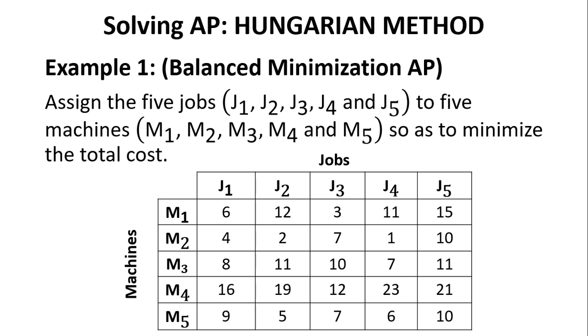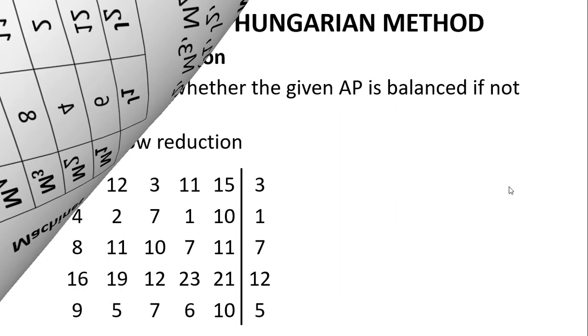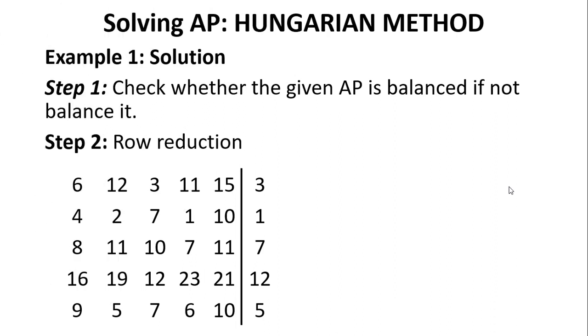Okay, so we have this table representing the machines and the jobs, and inside here are the associated costs of assigning these different machines to different tasks. Now let's see the solutions. The first step in the Hungarian method is to check whether the given assignment problem is balanced or not.